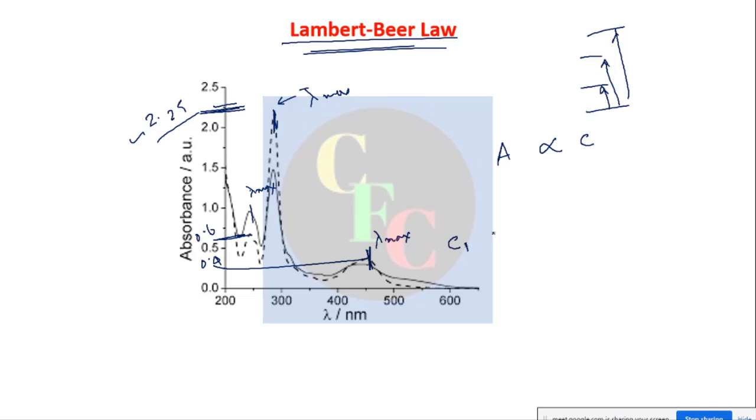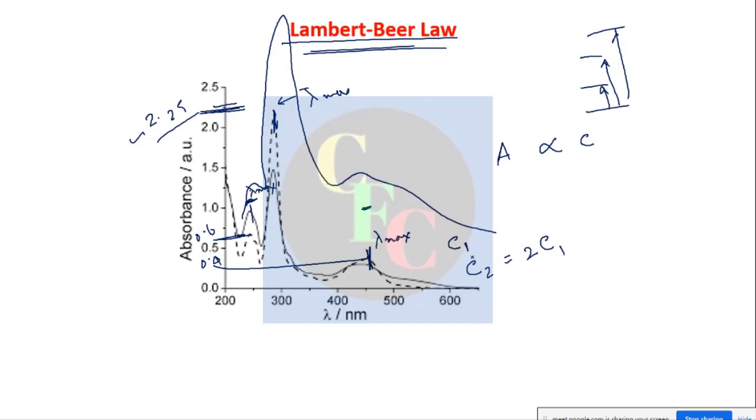In concentration C2, which is equal to twice C1, this will be doubled here, and this one will also be doubled. So this 0.5 would be here, something here and here, and this again will be doubled to 5. So it will be something like this.